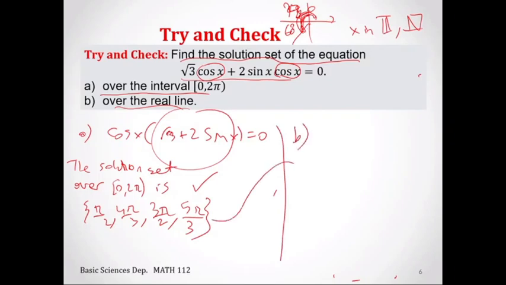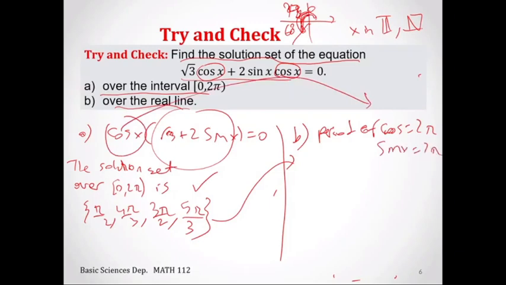So we know this one, and the period of cosine is 2 pi. When I solve, I'm solving for cosine, and I'm doing it for sine.